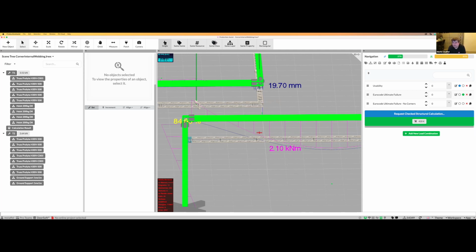If you overload the corners, normally they don't break first, but they will deflect a lot and change their shape. So basically the 90-degree corner, if you load it this much, will not be a 90-degree corner after you use it. That's an important thing to understand.